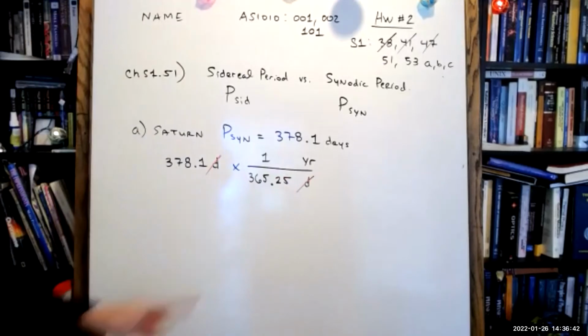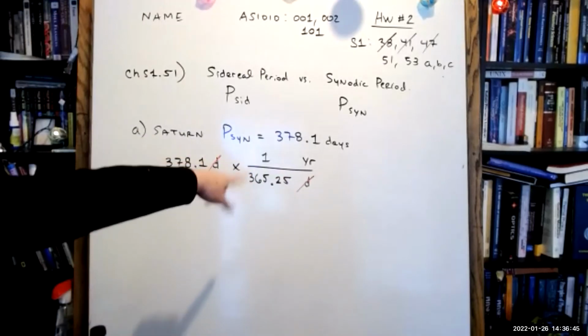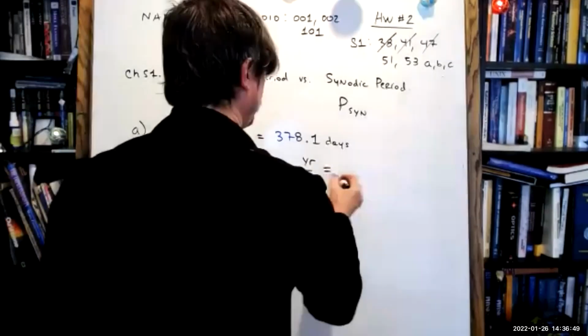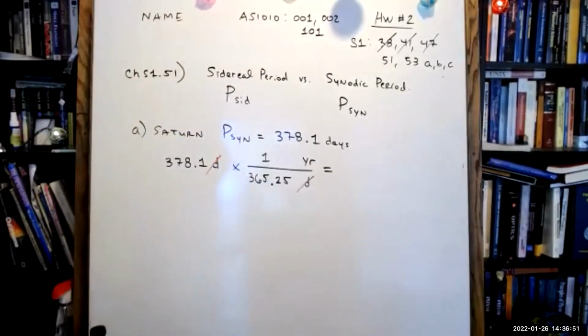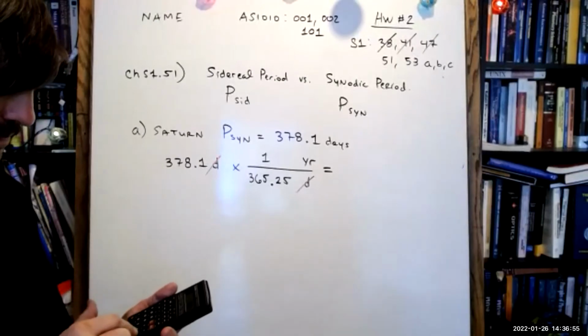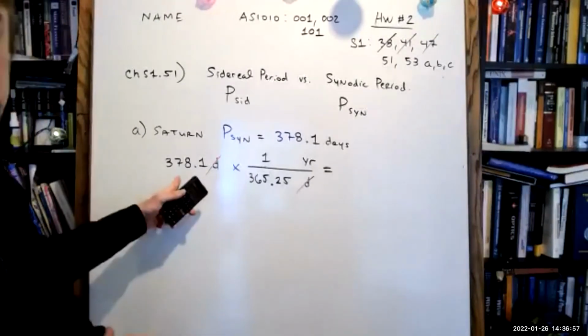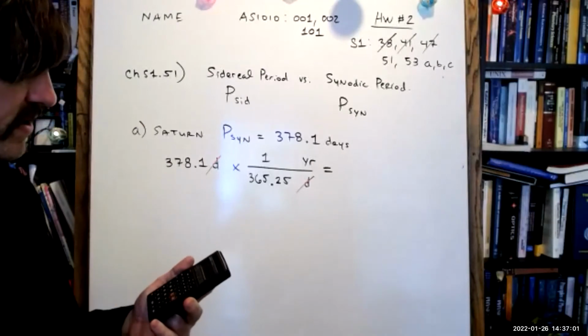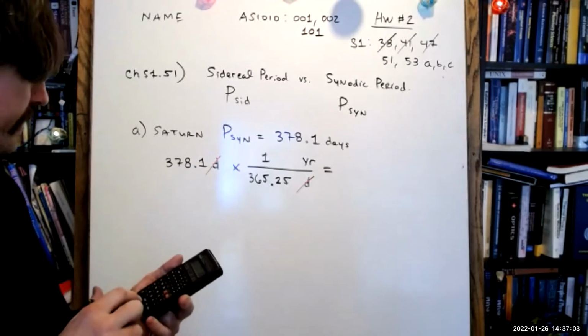So let's use 365.25. I want more precision in my conversion factor than I do for my measurement. Punch that in, and how many sig figs are we going to keep in our answer? We're going to keep 4, because the weakest number has 4. So give me your answer to 4 sig figs.